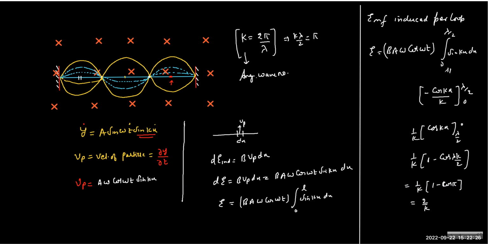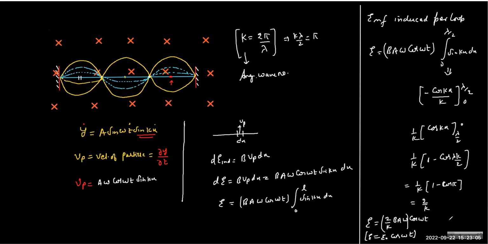And so finally, I can write E is equal to 2 by k, B A omega cos omega t. So this term is called the maximum possible value. So E equals E naught cos omega t, and therefore E naught is how much? 2 B A omega by k.